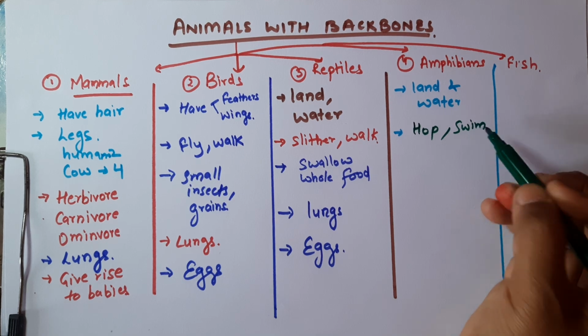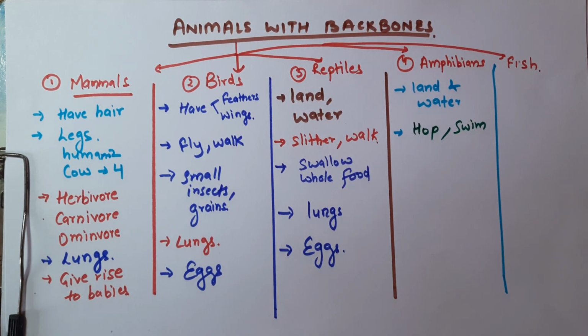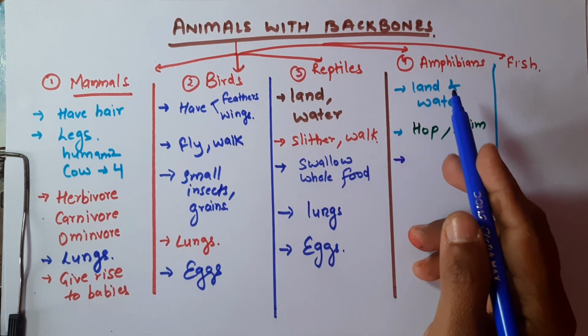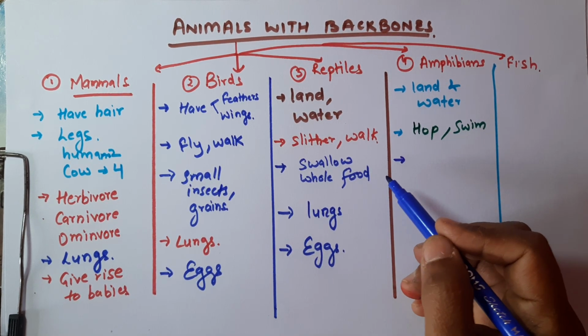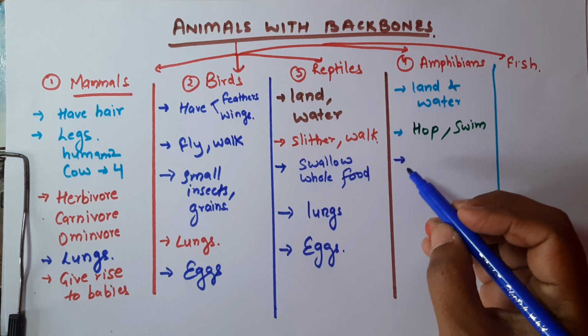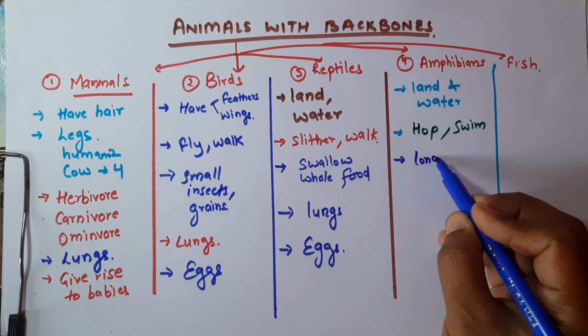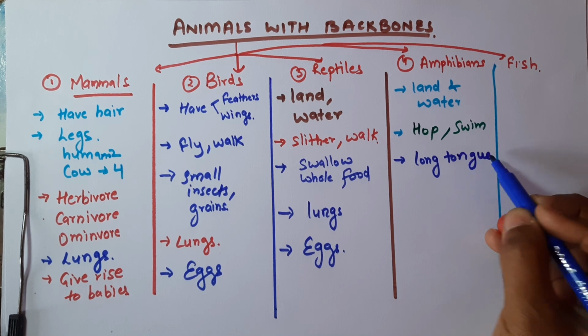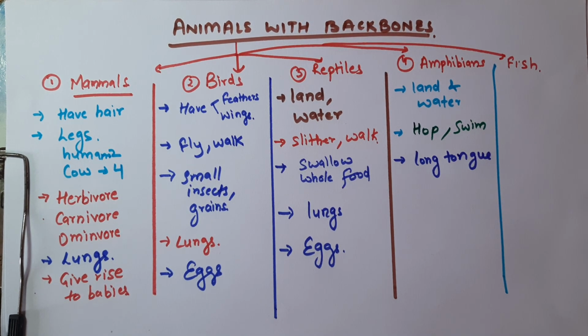You have seen frogs in ponds, right? So it has both tendencies of movement. It can hop and it can swim. The distinctive feature of an amphibian, for example the frog, is that it has a long tongue. It uses this long tongue to trap insects.